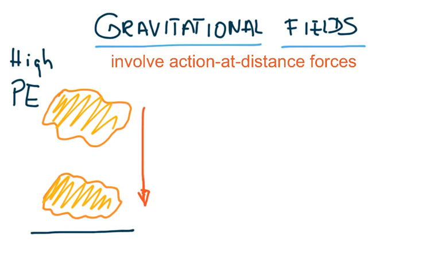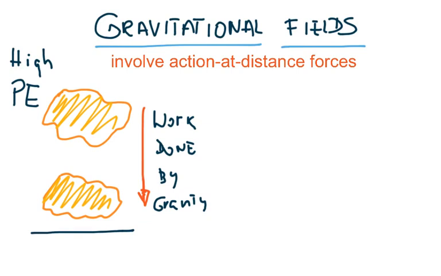So we have work done by gravity, right? As the object gets closer and closer to the ground, the potential energy will get smaller and smaller.